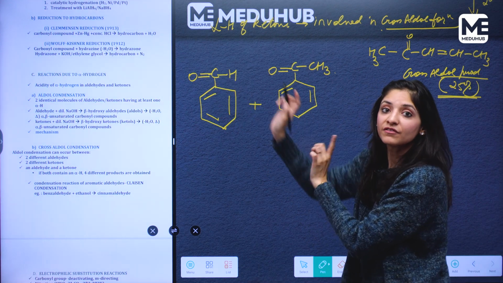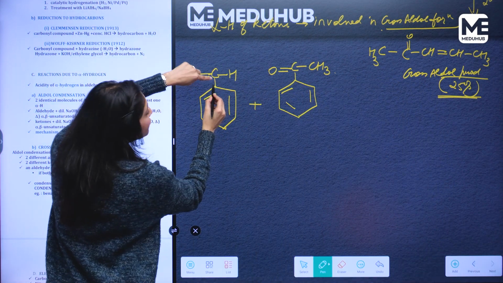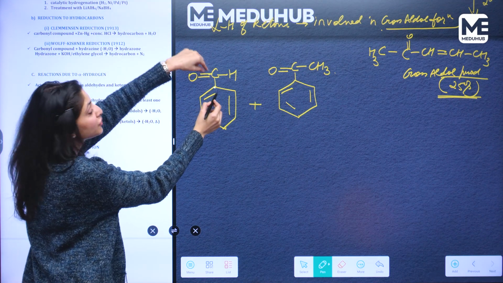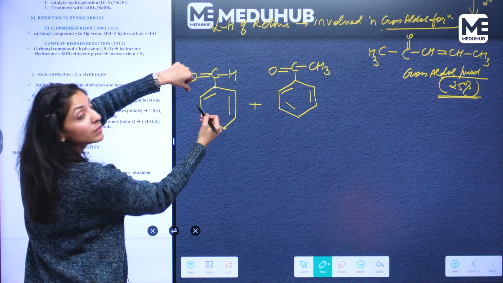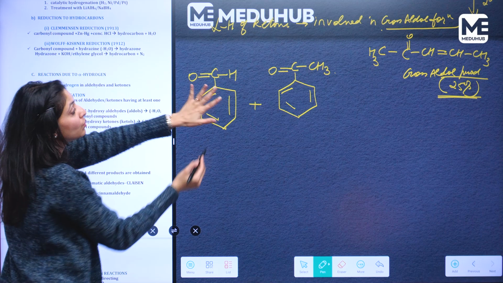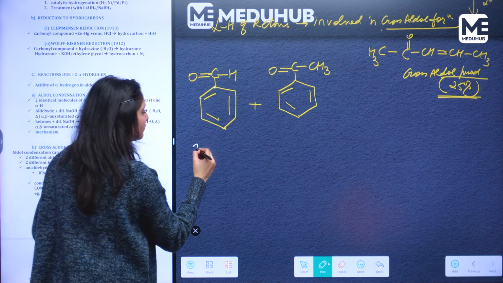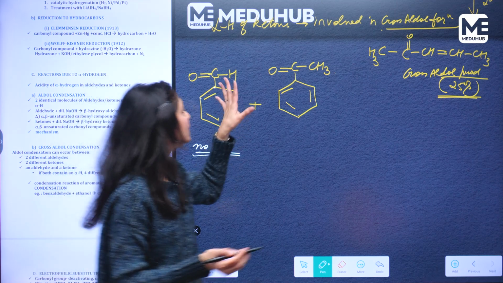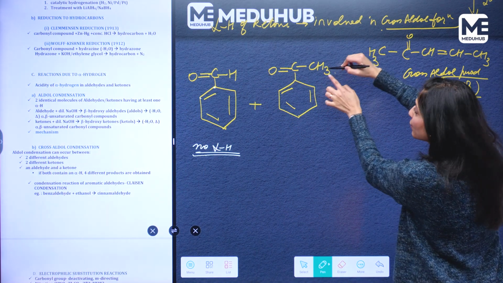Benzaldehyde does not have an alpha hydrogen because the alpha carbon is this carbon here. Alpha carbon is attached to 3 other carbons, and there is a double bond between this carbon and this carbon. So benzaldehyde has no alpha hydrogen. So this simplifies our product because only this molecule has an alpha hydrogen here.